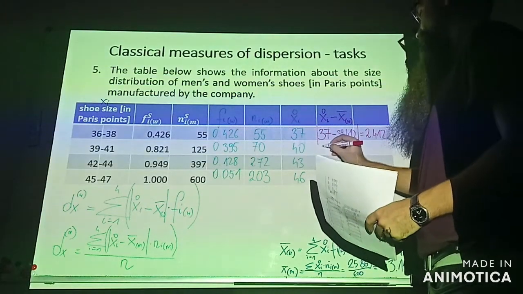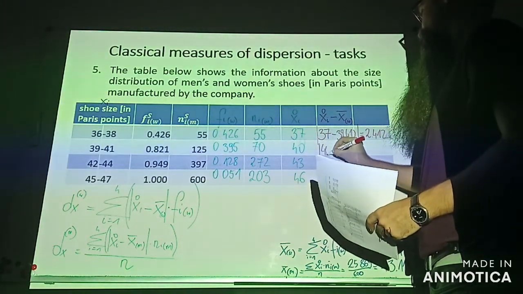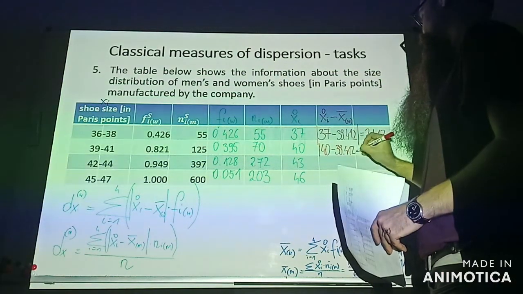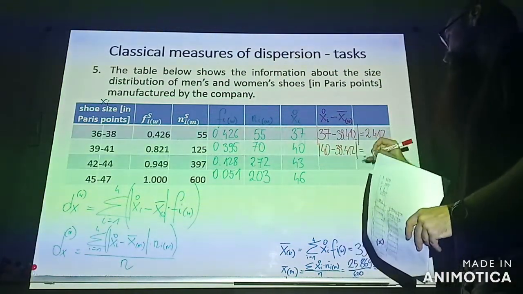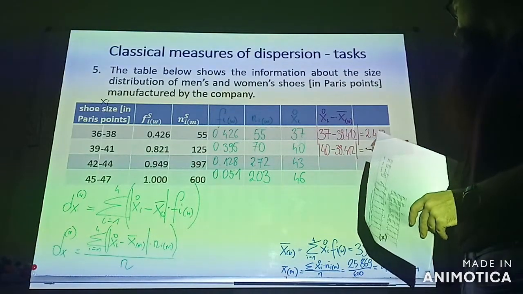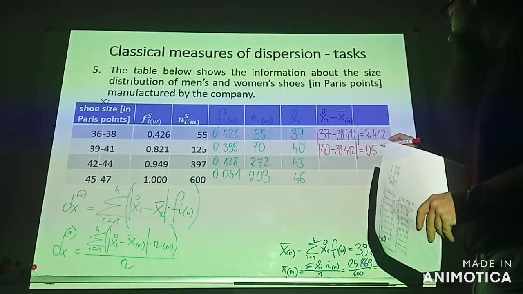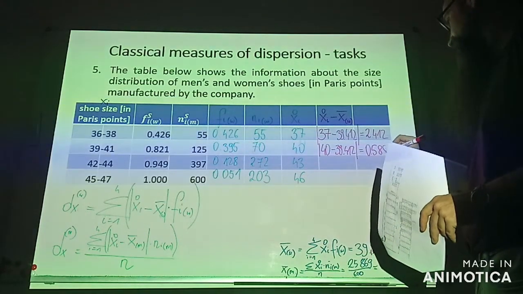And here we have what? 40 minus 39.412, and this difference is equal to 0.588.